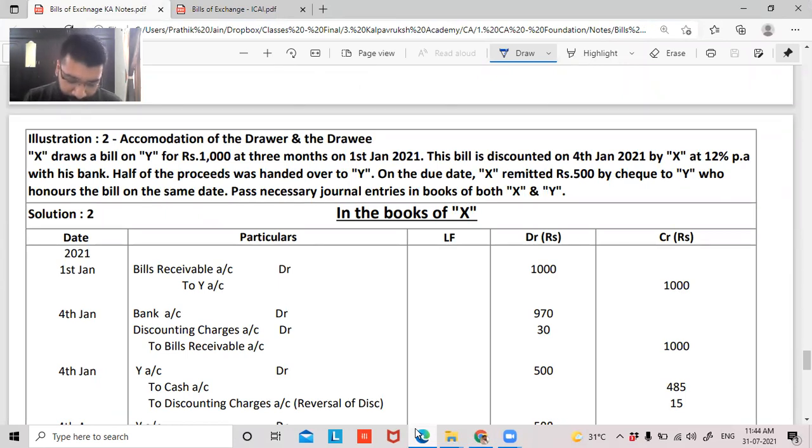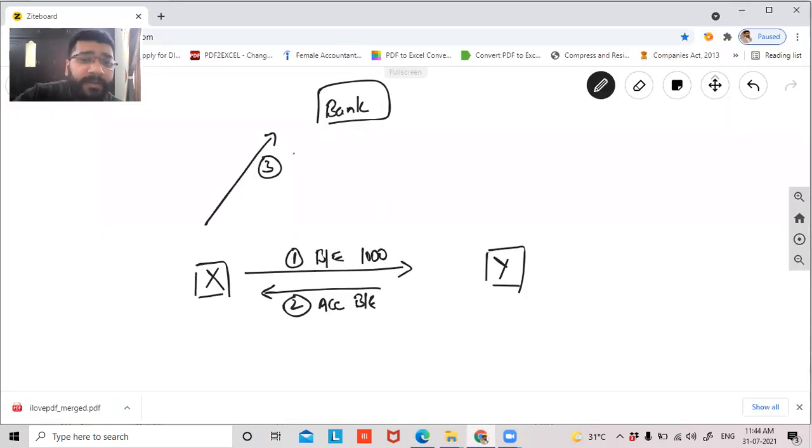Can I say 1000 into 12% will give me interest for the entire year? I don't want it for the entire year, so divide by 12 into 3. So it is 30 rupees. 30 rupees is the discounting charges, so you will get 970 rupees back from the bank, whereas 30 rupees is your discounting charges.